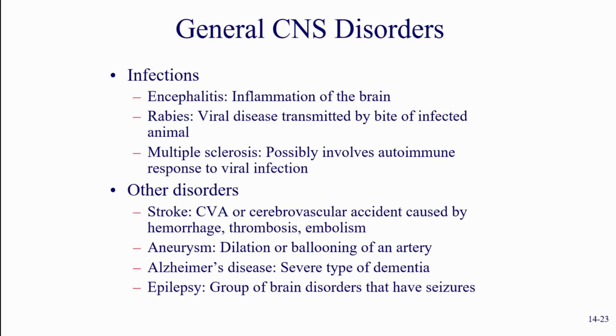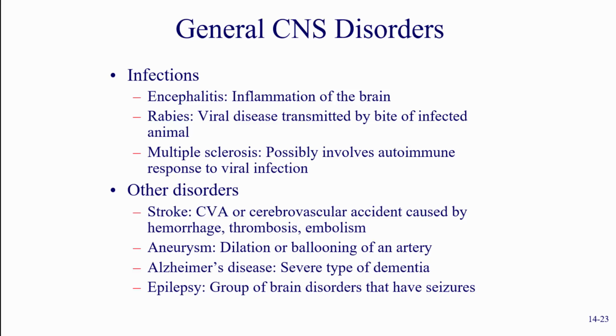And then we have ischemic strokes. That's where we're blocking off blood supply to the tissue, and that's where the thrombosis or embolism comes in. A thrombosis is a stationary blood clot, whereas an embolism is a blood clot that's moving.